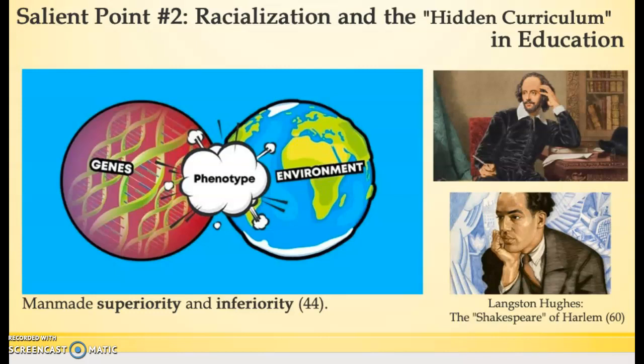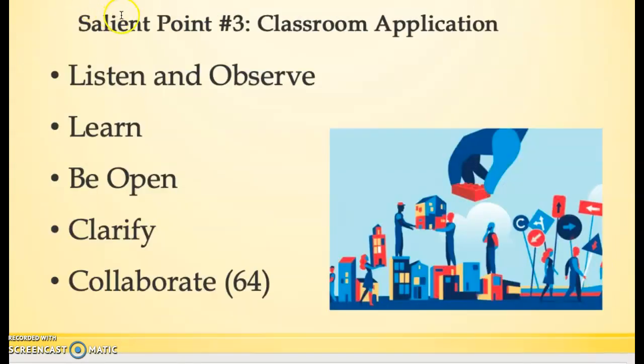It shows where the priorities are, and that's not on the minority classes who deserve to have a stronger voice in our education system. This leads me to salient point number 3, classroom application.